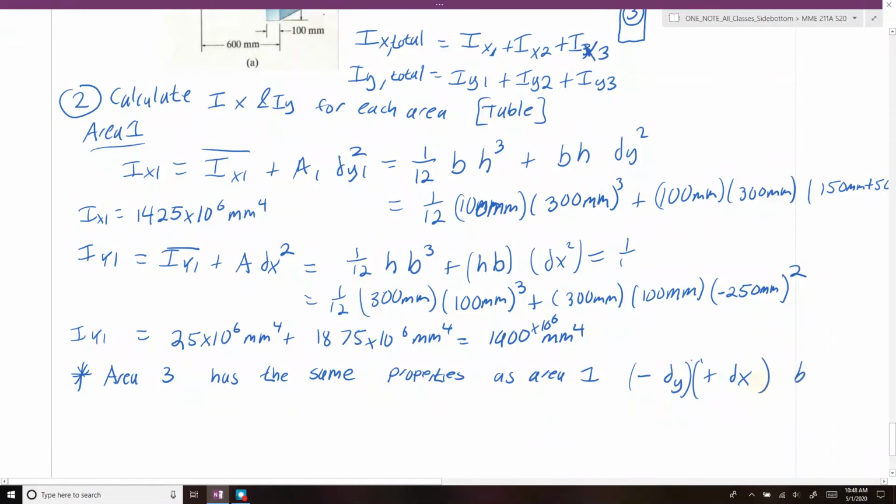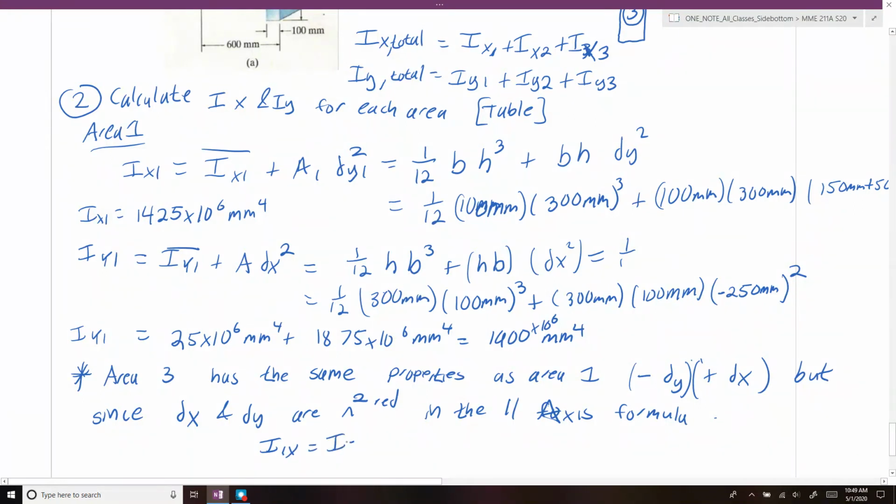Alright, but since dx and dy are squared in the parallel axis formula, I1x will equal I3x, and I1y will equal I3y.